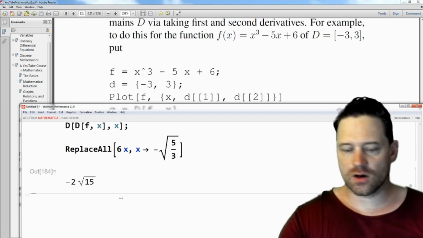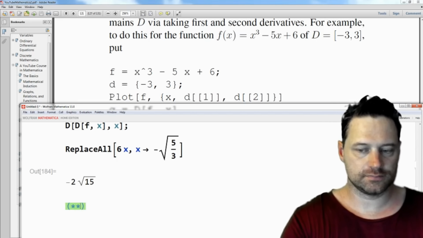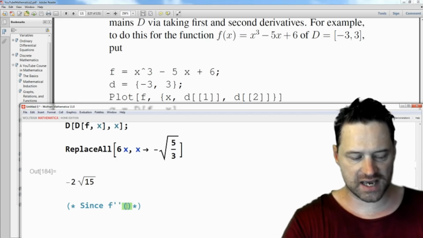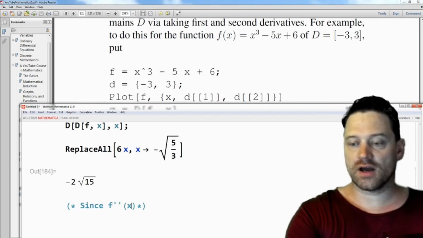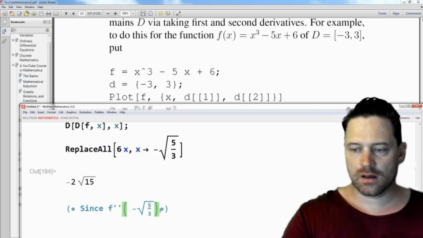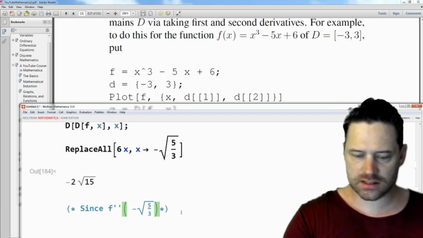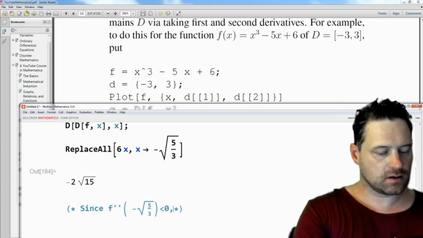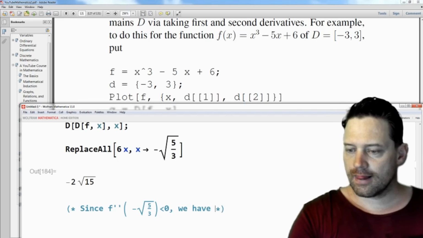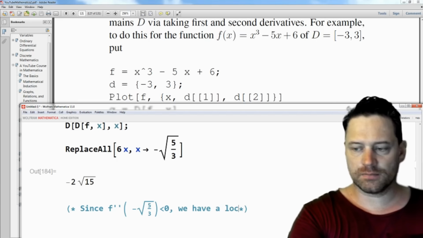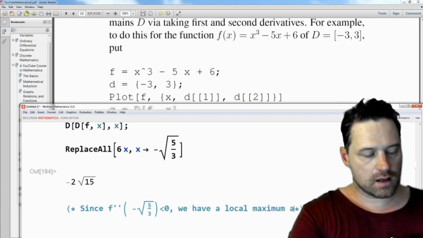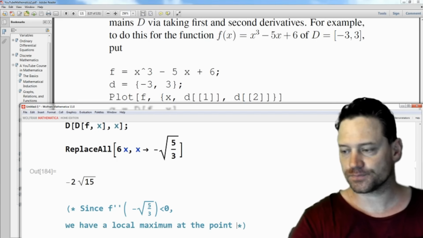All right, so let's note, since f double dash of x, we know the value, right? And it's this number right here. Okay, now the sign is negative, so we have a local maximum at the point.